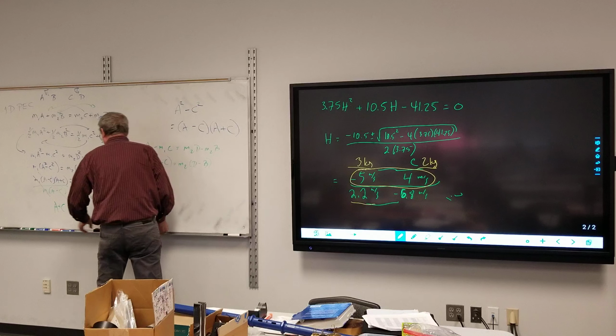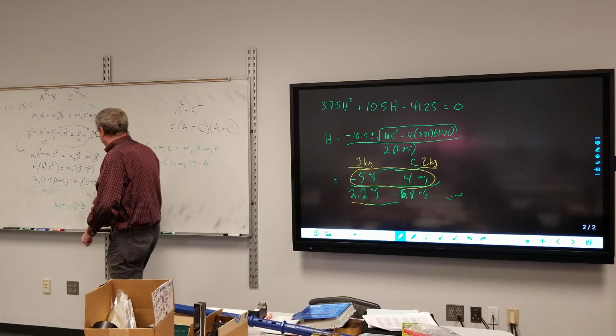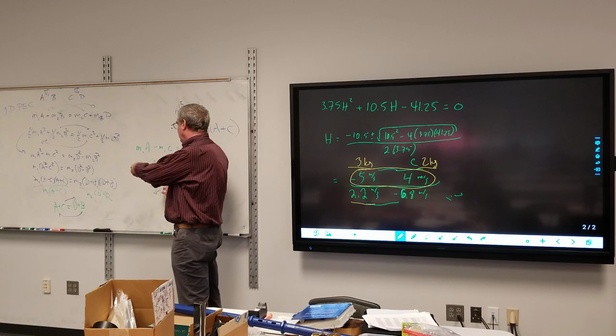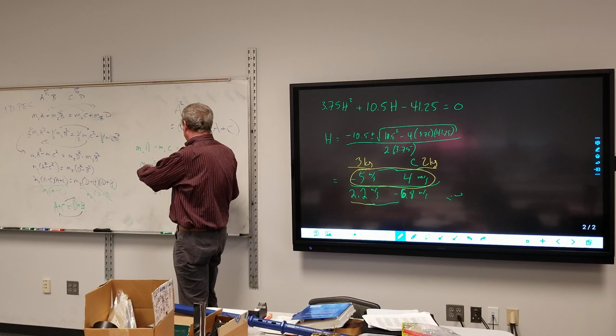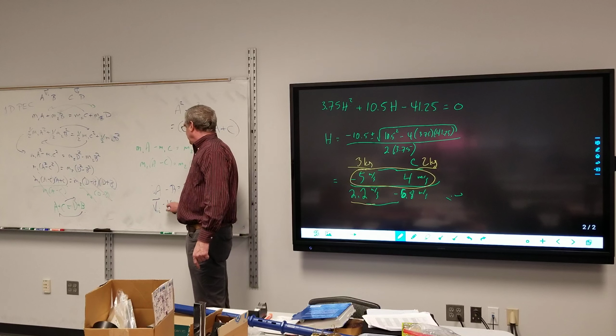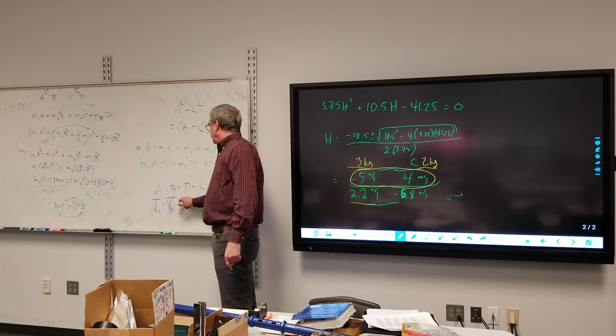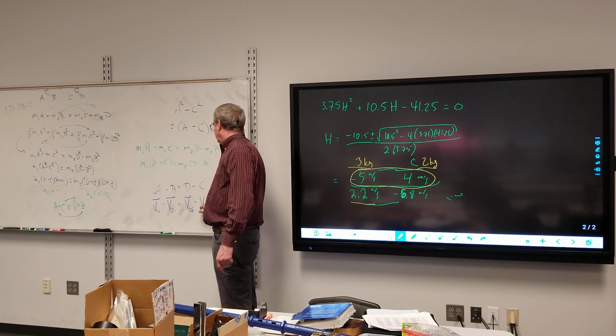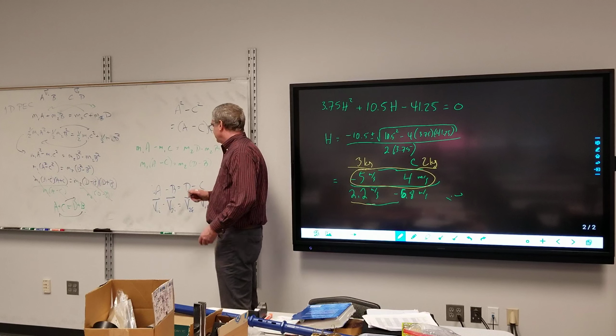Putting it in terms of velocity, let's get the initials together and the finals together. So we have a minus b is equal to d minus c, or v1 initial minus v2 initial is equal to v2 final minus v1 final.